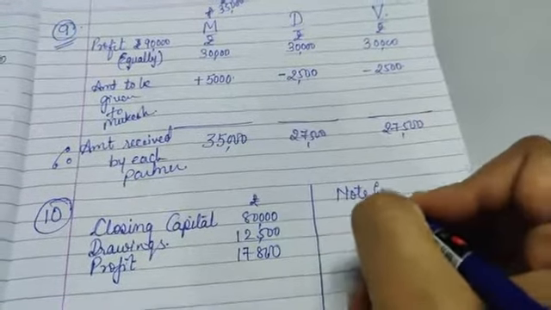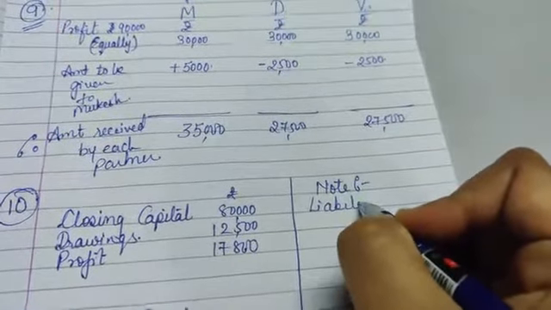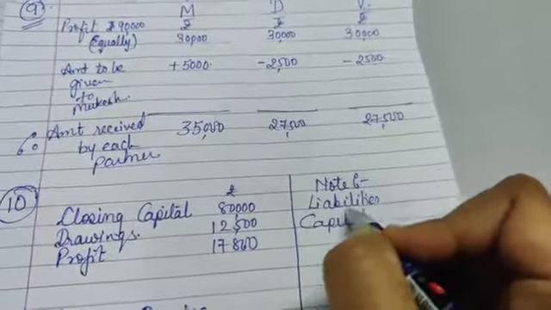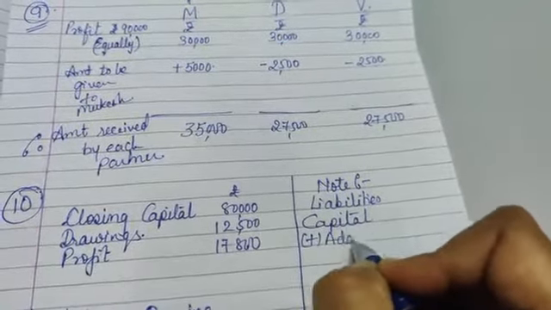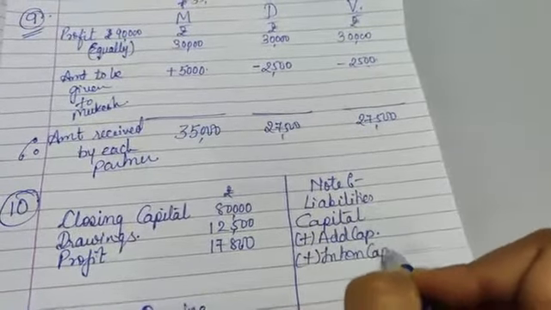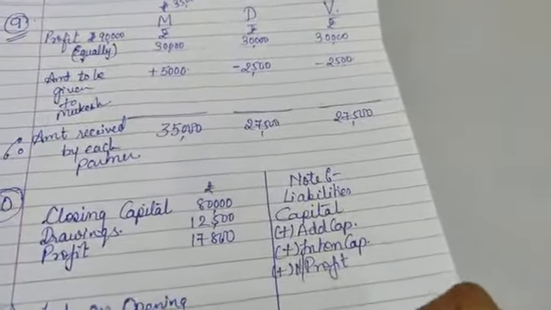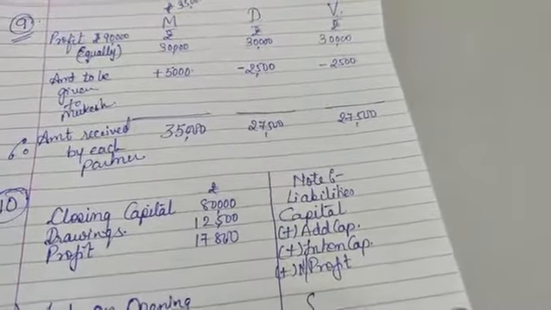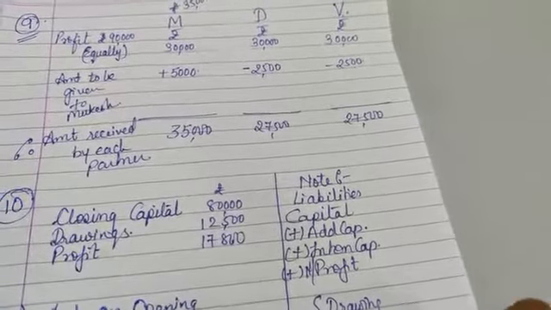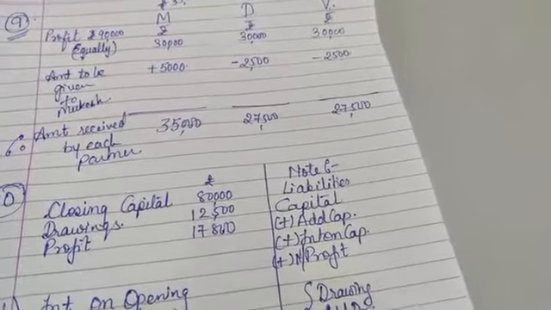So see, for this the note is for your explanation. In 11th standard you were doing the final account, and on the liability side how you were preparing, okay, that is first you are writing the capital of the person, then plus additional capital, then plus interest on capital, then plus profit, that is net profit, and then you were deducting certain things that were drawings, additional drawings, interest on drawing, and net loss, okay.